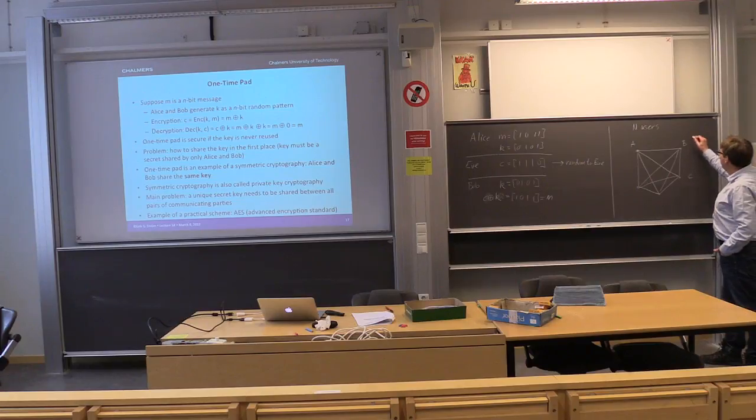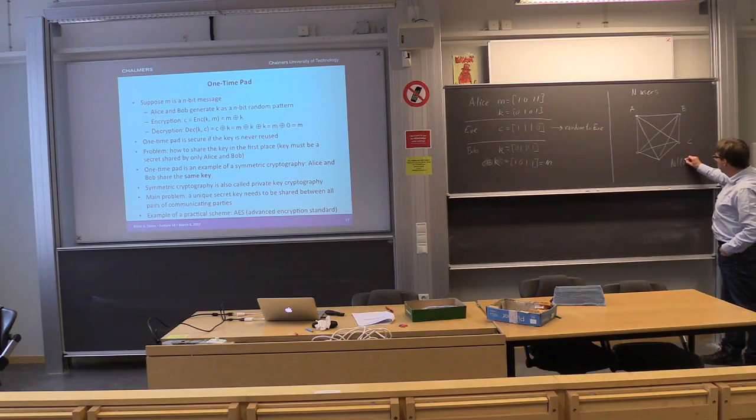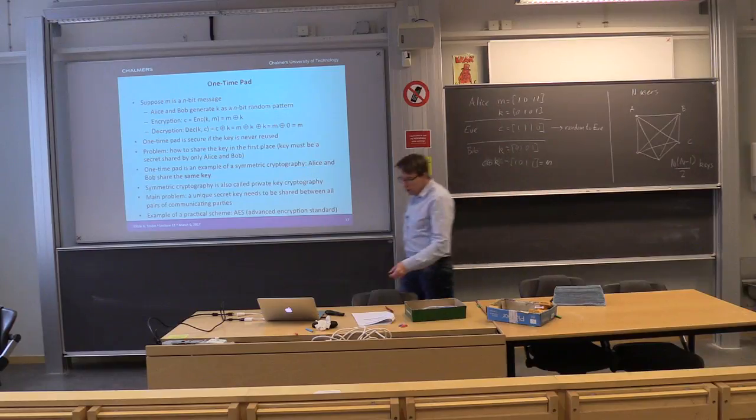In general, we need n times n minus 1 divided by 2 keys, one for each pair of potential users. So you see the problem if this is the internet, right? A bunch of keys. Okay, so how to solve this?